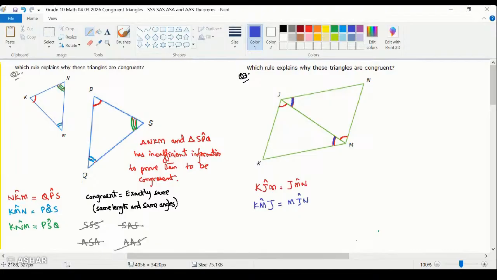Do we have a ratio of a side? Can we find a side ratio over here? We have one common side, right? We can say JM is the common side. Agreed? That means we have a ratio of a side as well.